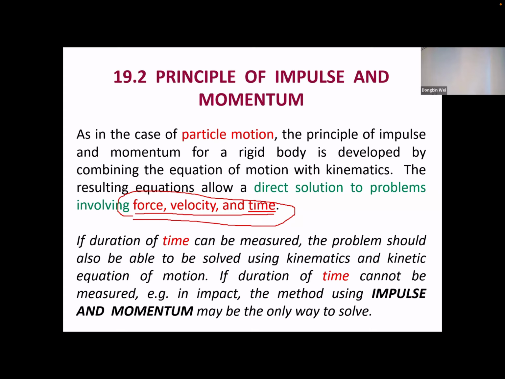If you select different points for your calculation of angular momentum, you will have different magnitudes. This is different from kinetic energy of a rigid body. It has only one magnitude. It doesn't matter which point you use for your calculation. I hope you can understand this. That's the nature of angular momentum.